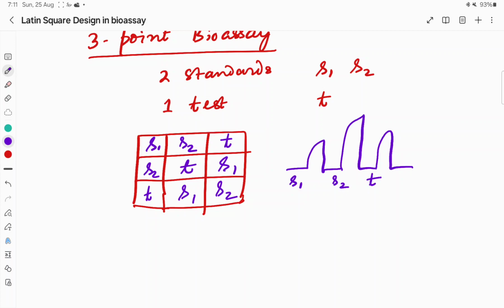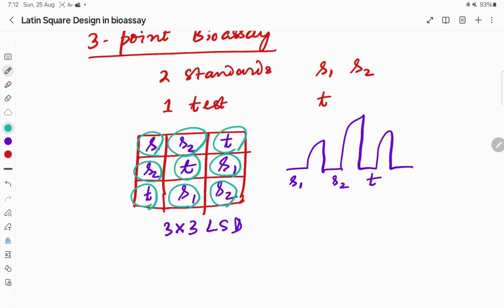In the 3-point bioassay, in the 3 into 3 Latin square design, we will do this experiment 9 times, 3 into 3 is 9, where S1 is 3 times, S2 is 3 times, and T is also 3 times.